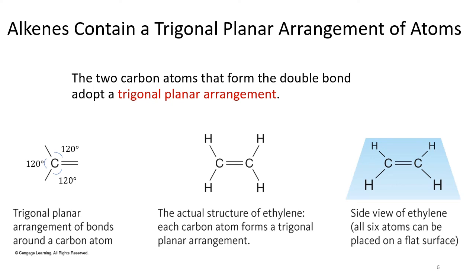You have 2 trigonal planar carbon atoms connected to each other. So for ethylene, all the atoms are in the same plane, which means we can draw a simple picture. The one in the middle shows us with all the atoms of the molecule in the plane of the screen.